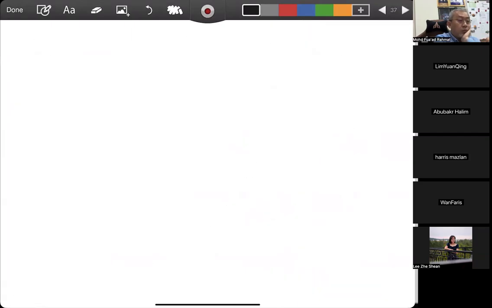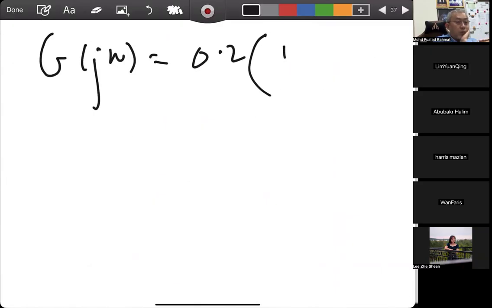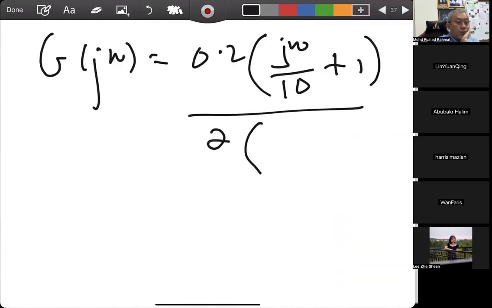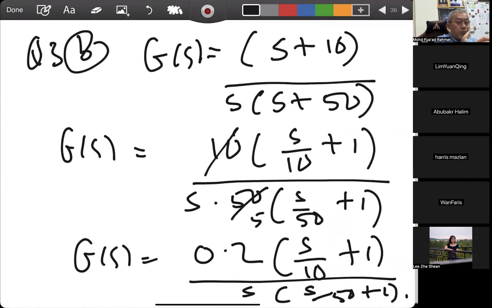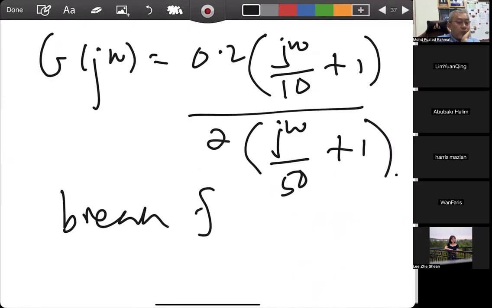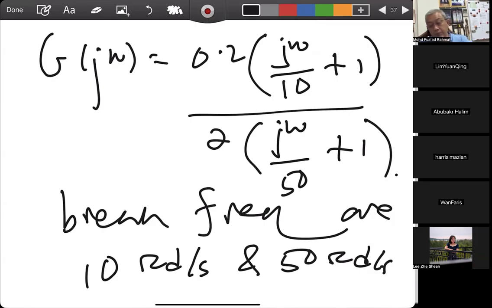So G omega is s equals j omega divided by 10 to 50, and the break frequency is 50 radian per second.